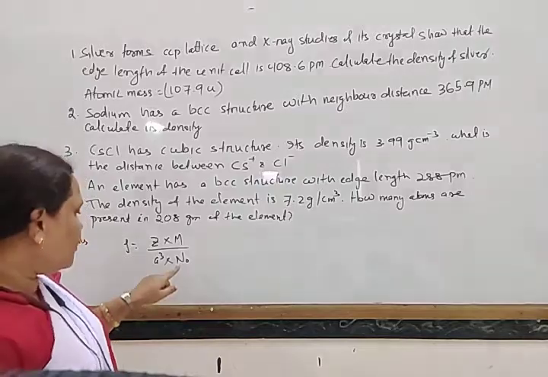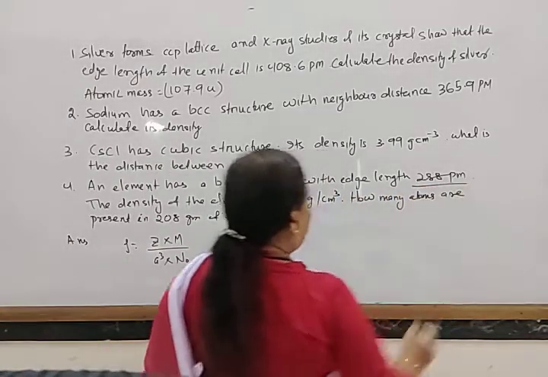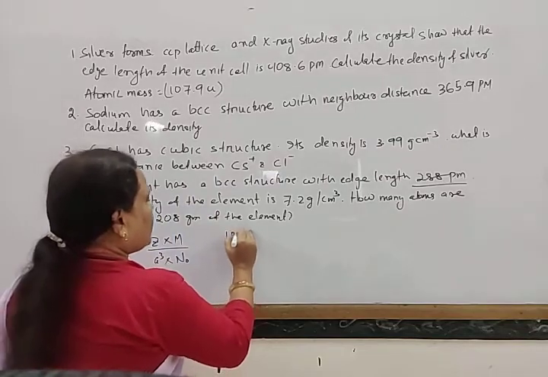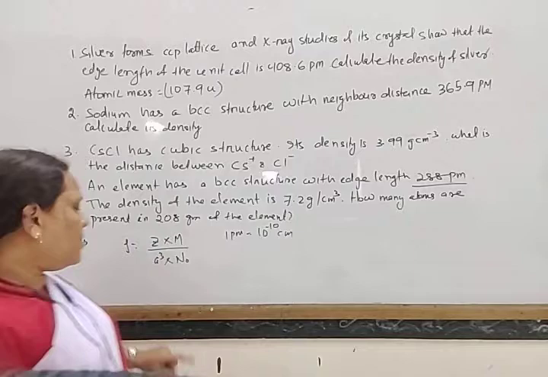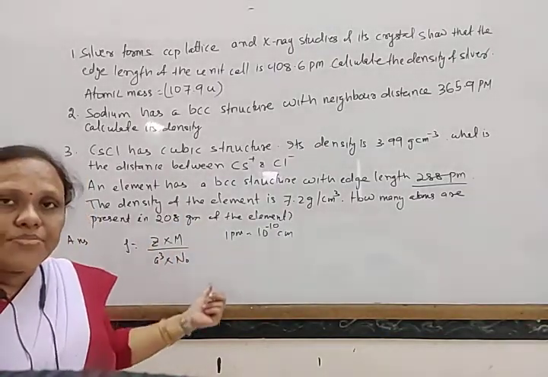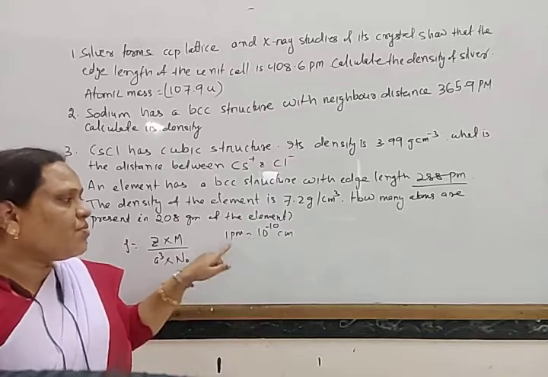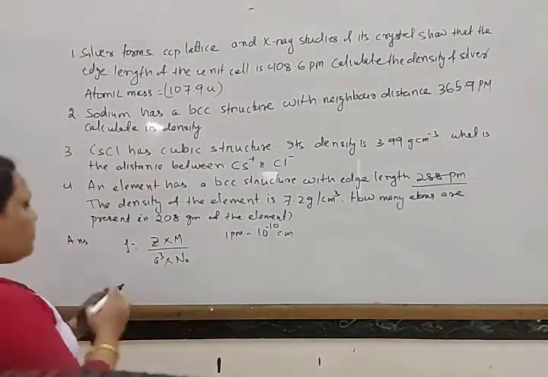This is Avogadro's number, and a is given as 288 picometer, and 1 picometer is 10 to the minus 10 centimeter, since we need gram per cm cube.